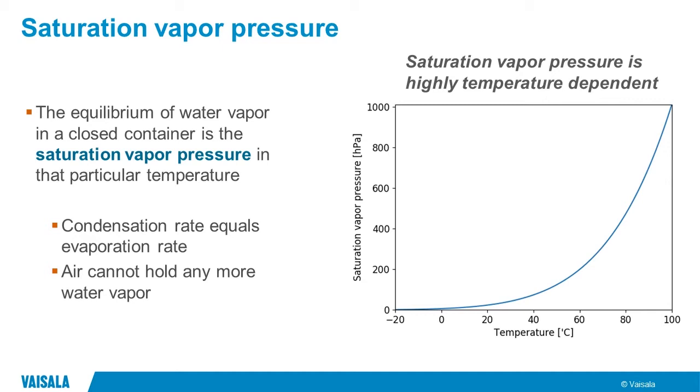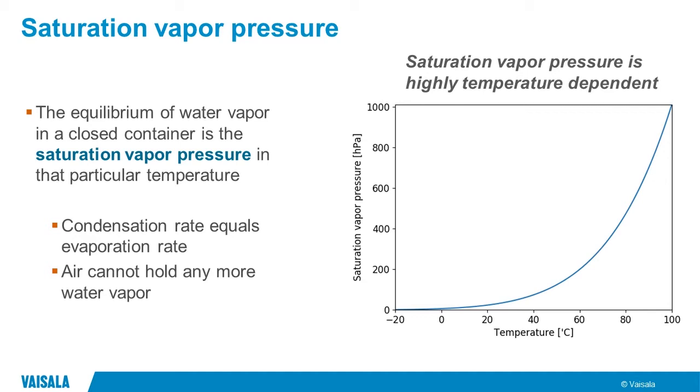This relative value is calculated relative to the saturation vapor pressure, and you can see this graph here, which shows the saturation value as a function of temperature. And you can see this is a very nice exponential curve. And what this curve tells you is actually the maximum amount of water that air can hold at a certain temperature.